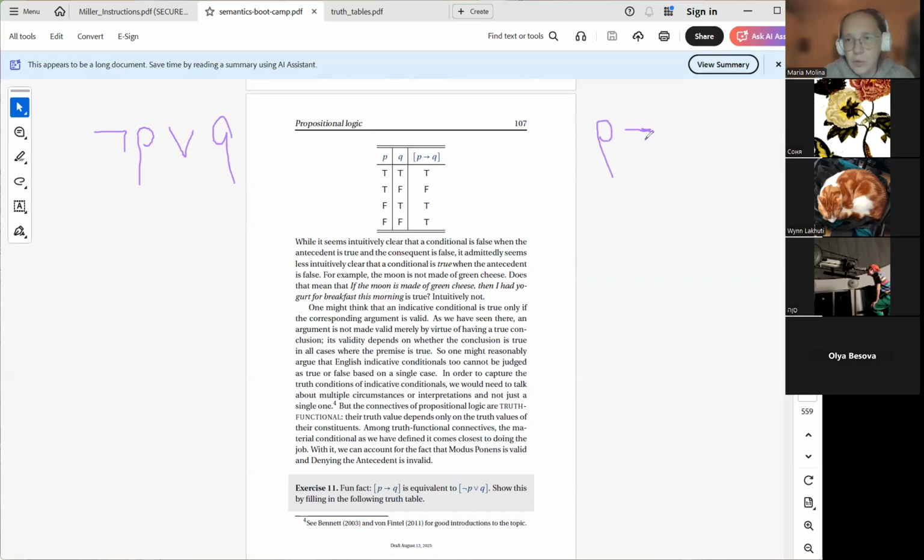P to Q. If P is true and Q is true, what do we have for not P or Q?